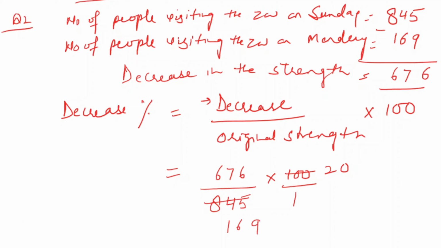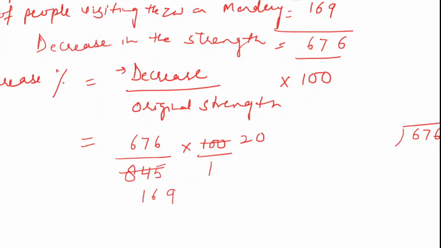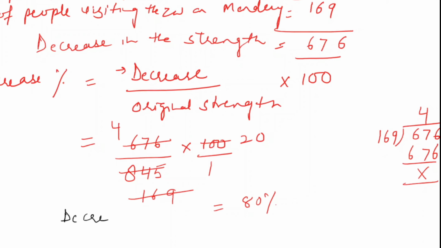If you are not sure, we can just try, 16 fours are 64, and this is completely divided. So our decrease is 80%. So 80% footfall has decreased. The decrease percent is 80%. So this is our answer.